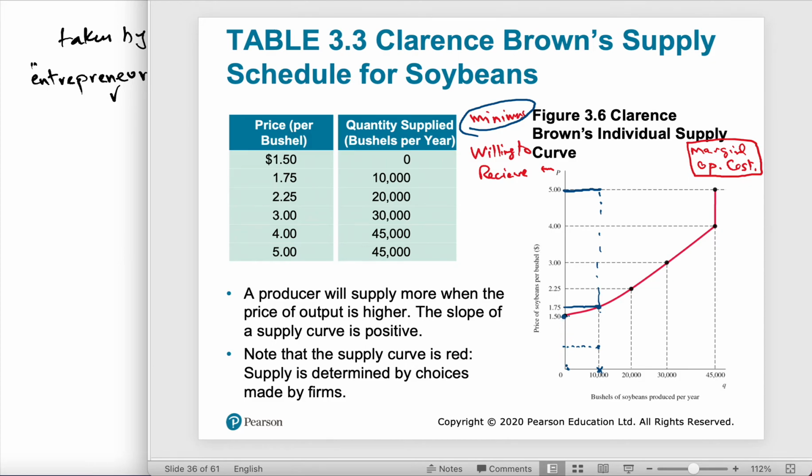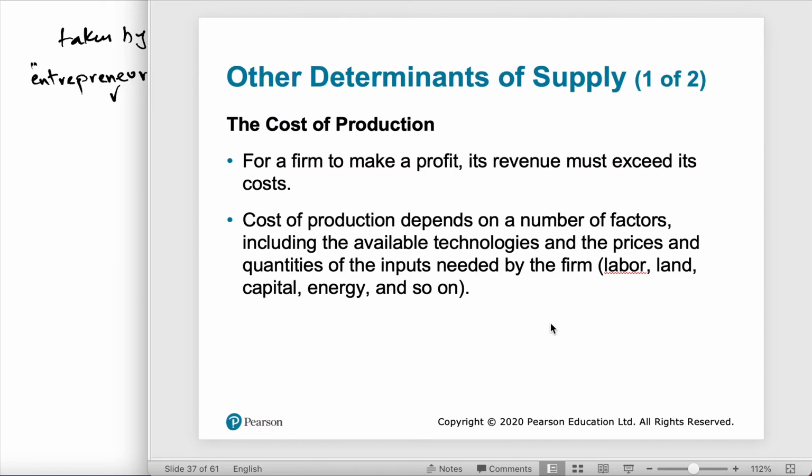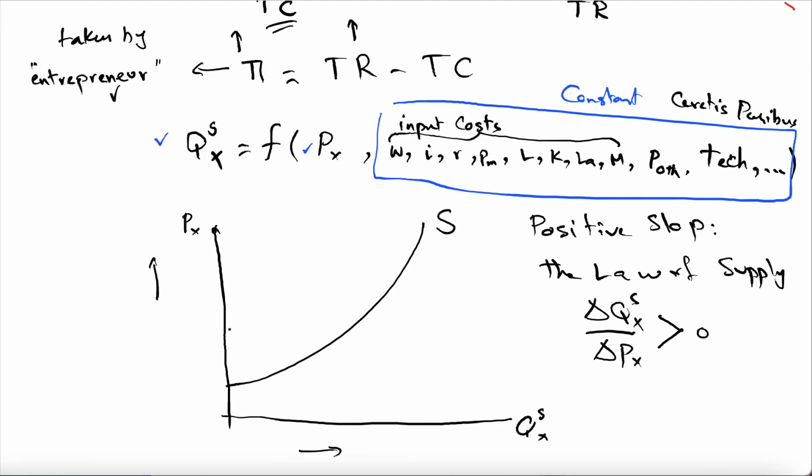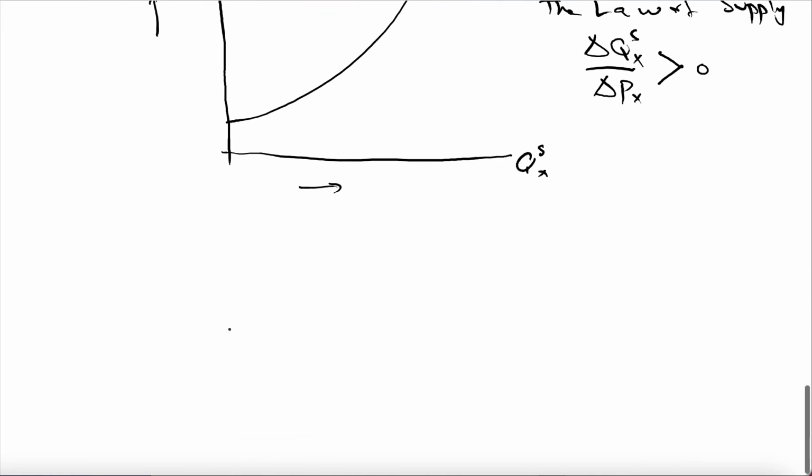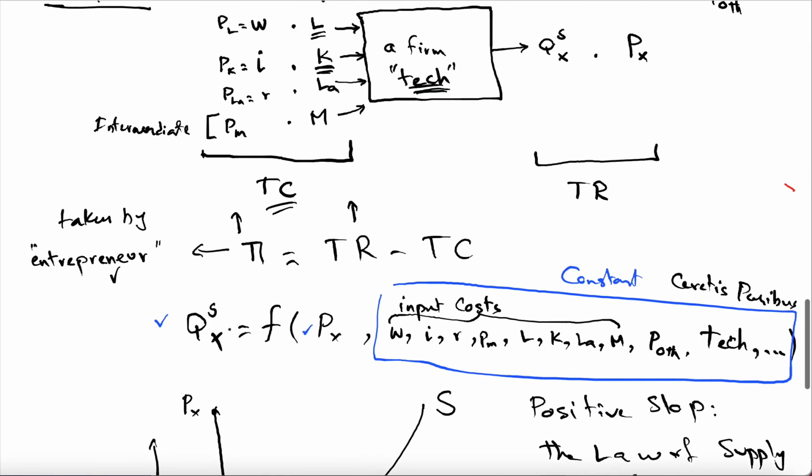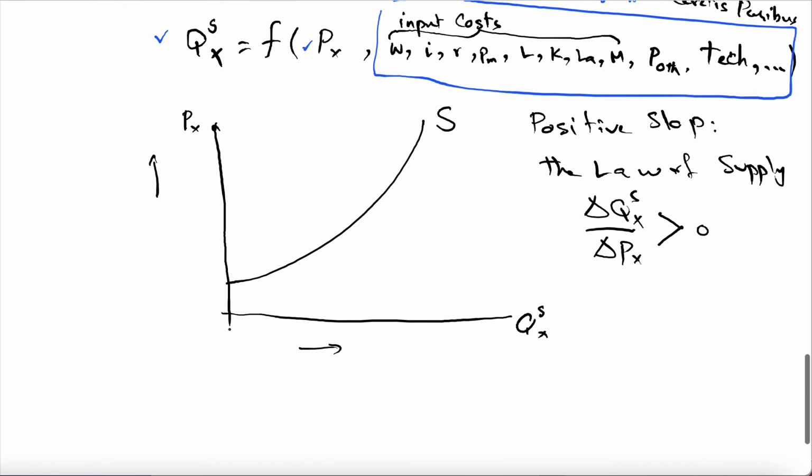But the initial marginal cost is never zero. So it usually has a positive y-intercept, or P-intercept. Okay, cost of production. These are the other factors. So we can basically now say what would be the production. I rewrite it.